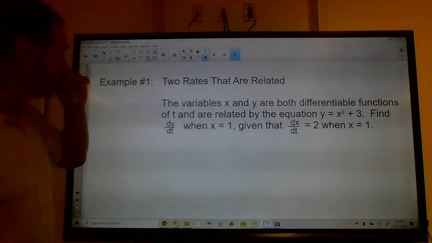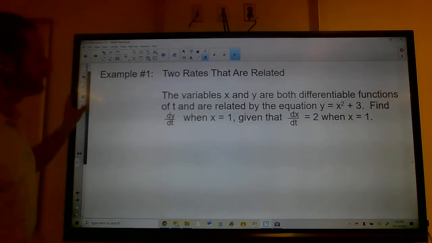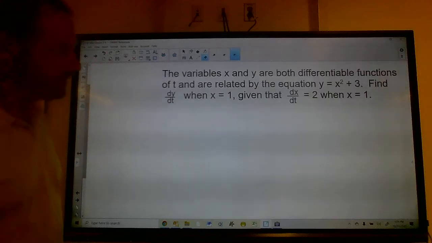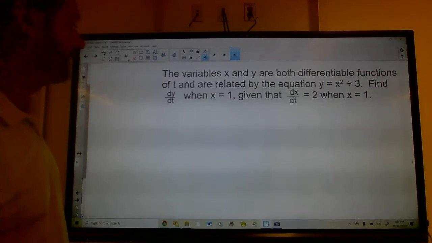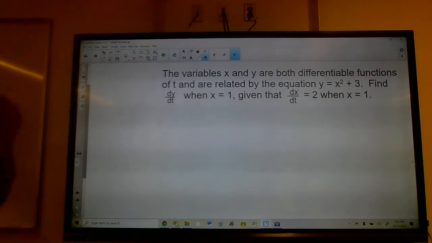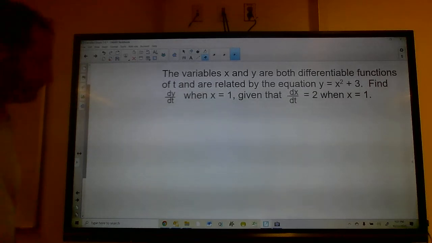Okay, so here's an example, two rates that are related. The variables x and y are both differentiable functions of t and are related by the equation y equals x squared plus 3. Find dy/dt when x is 1, given that dx/dt is 2 when x is 1.